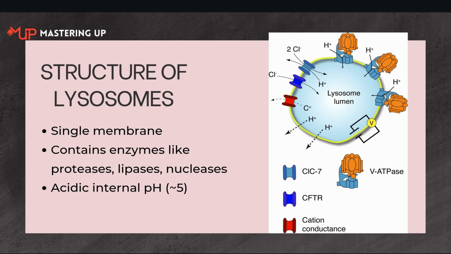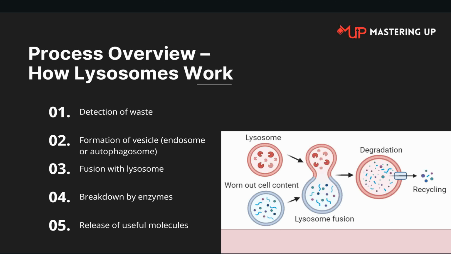Now let's see the functions of lysosomes and how lysosomes work. Lysosomes perform several vital functions. They break down worn out organelles, digest macromolecules like proteins and lipids. They also destroy harmful bacteria or viruses and recycle cellular components for reuse.